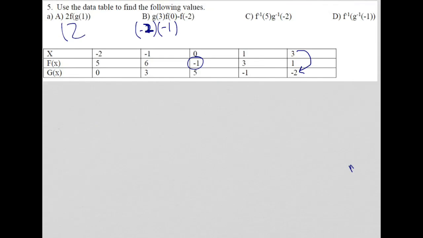So I'm just going to simplify that already. -2 times -1 is +2. And then we are subtracting f of -2. F of -2 says go to the x value of -2. Go to your f function. It is 5. So really we're dealing with 2 minus 5, which is -3.